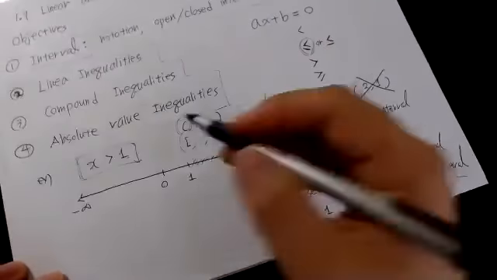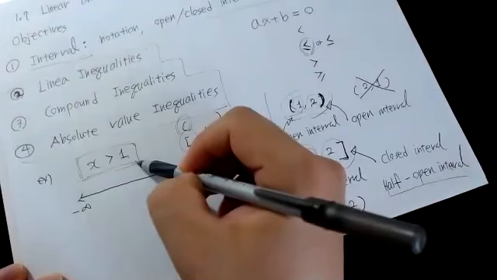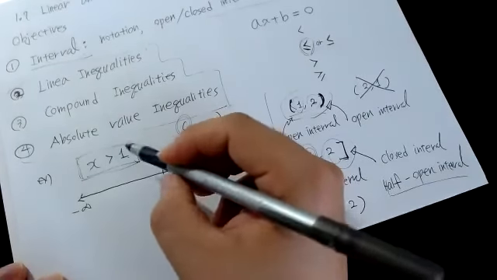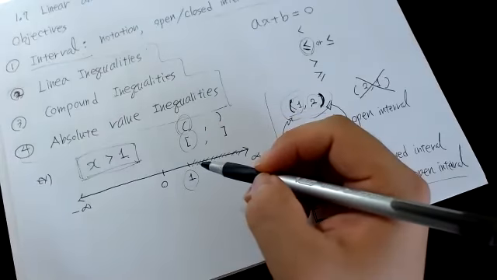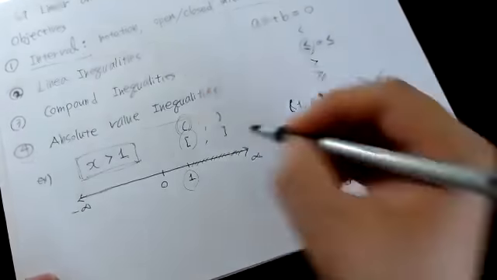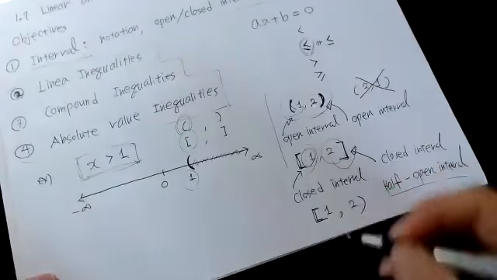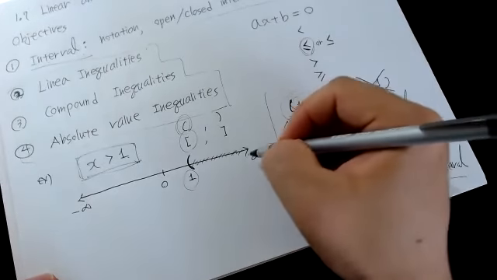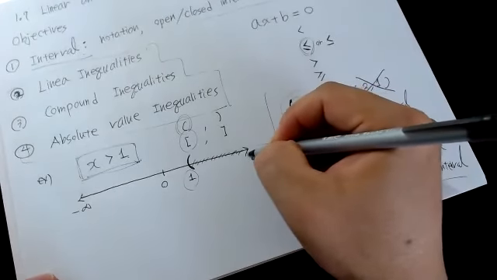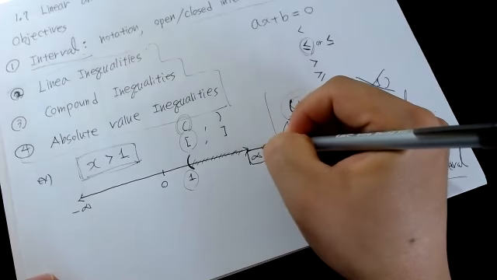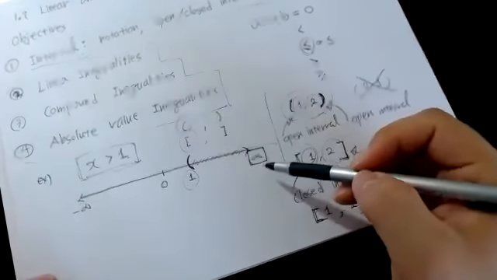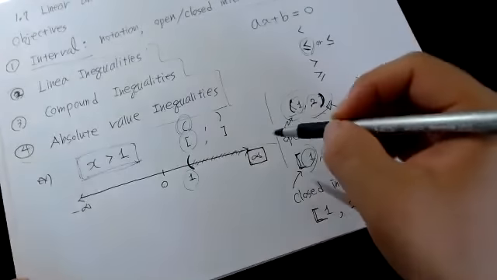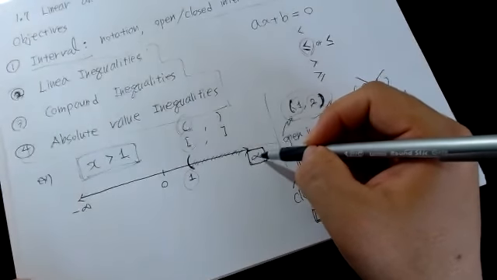Now back to this example, x is greater than 1. x cannot be 1, right? So we have to exclude the number 1 from the solution set. That means we have to use open parenthesis through infinity. At the beginning of this course, I told you infinity is a symbol, not a number. Infinity just represents a huge number we cannot imagine, so we cannot include infinity because it is not a number.